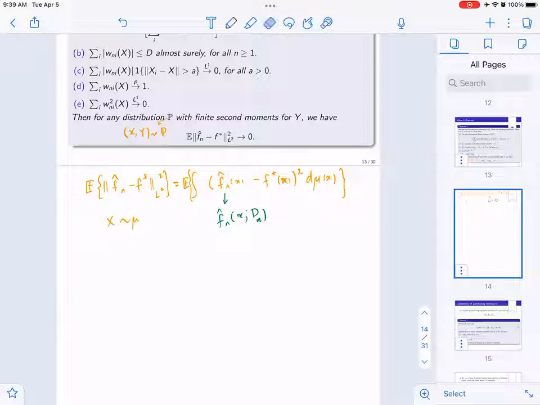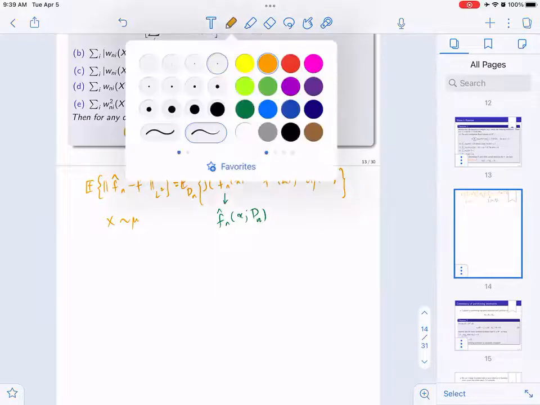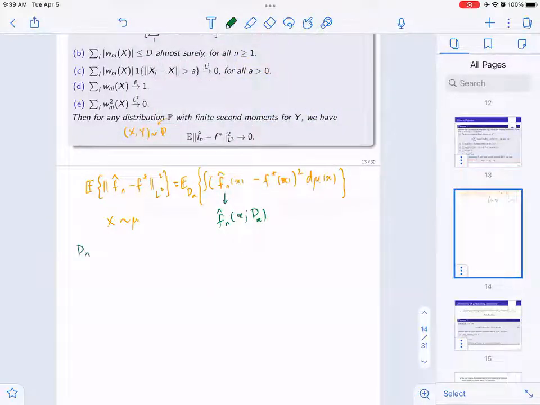Sometimes people write something like expectation under D_n, or something similar, to emphasize that this expectation is with respect to the training data. There's no other randomness here besides the randomness in the training data. Training data is just D_n. Again, I'm going to use different notations, but this is from the regression book, and some people use this as well.